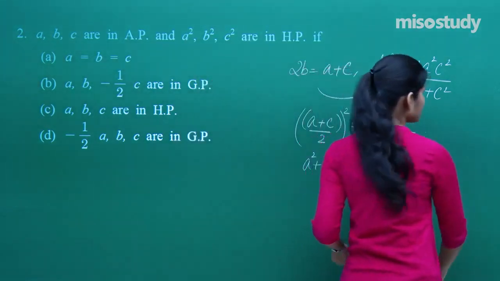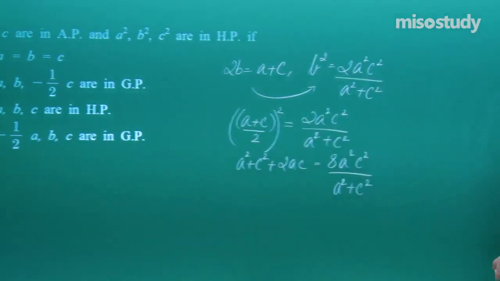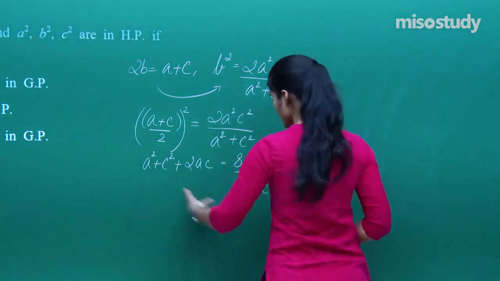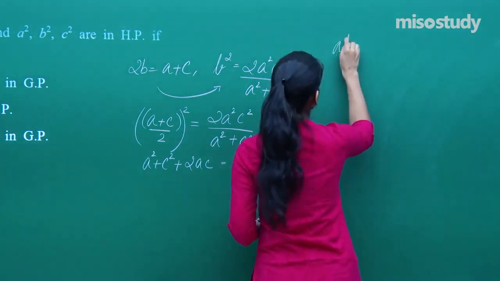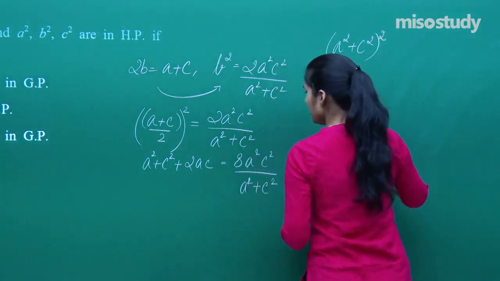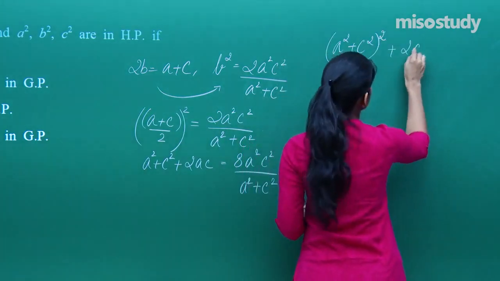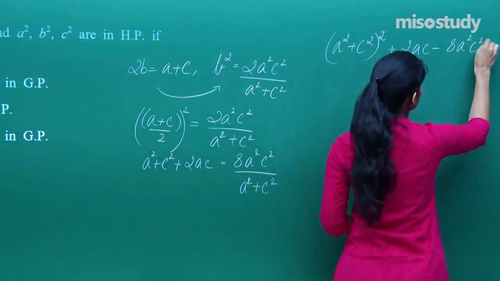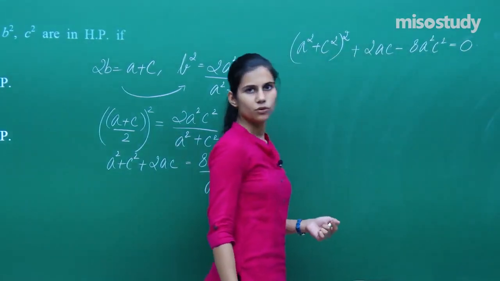So, this eventually gives you, let's see, (a square plus c square) whole square plus 2ac (a square plus c square) minus 8a square c square equals 0.